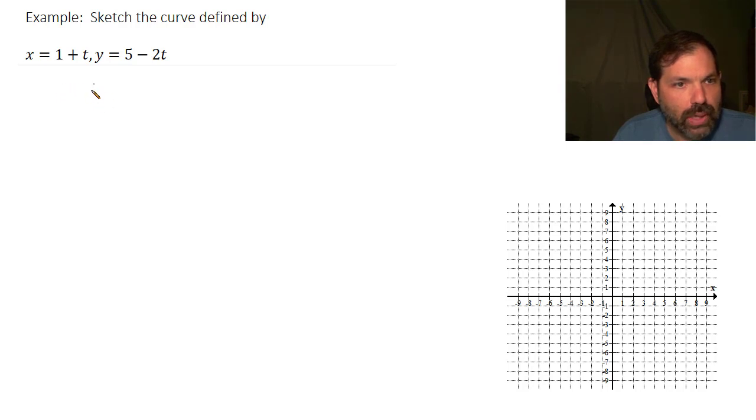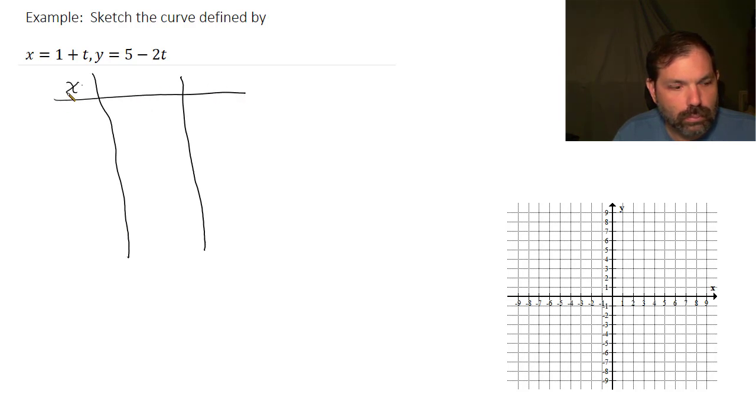So let's build a 3-column table. Let's put t in the first column, then x, and then y. And so let's let t equal 0, 1, 2, 3, and how about 4? Let's see what happens. All right, so if t equals 0, then x is equal to 1 plus t.